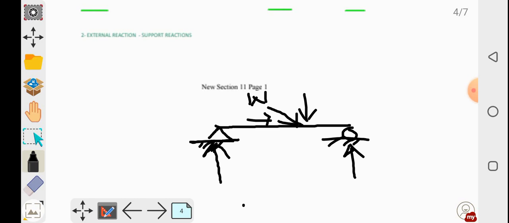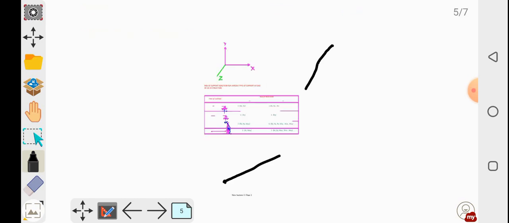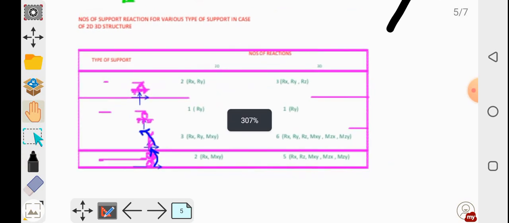Where these vertical and horizontal reactions will be generated will depend on the type of support. So let's discuss at which support which type of reaction will be generated.